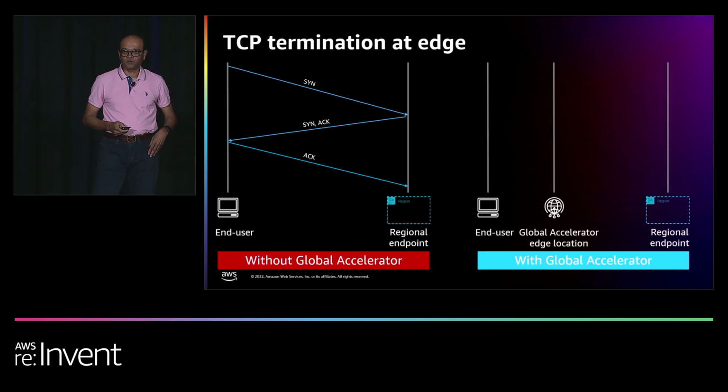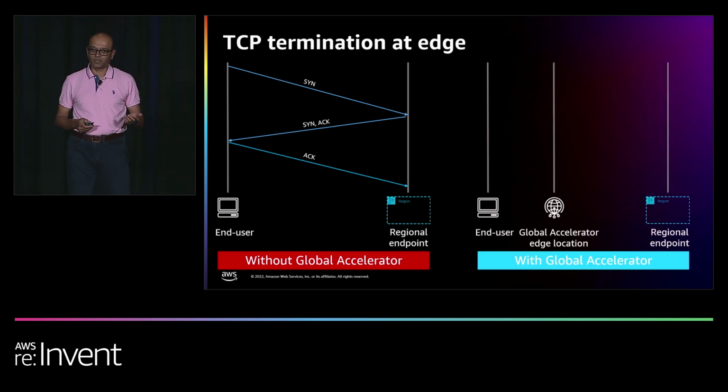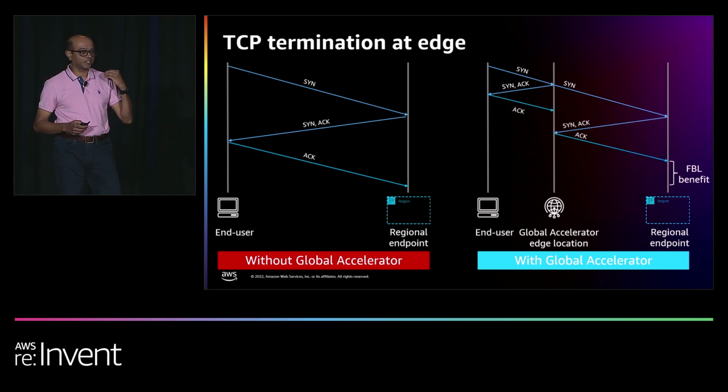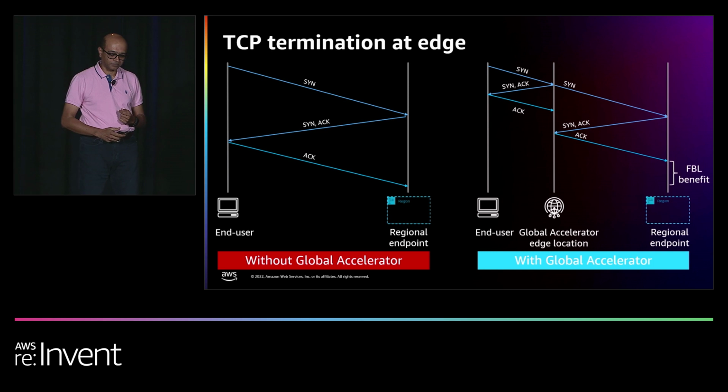With Global Accelerator, we implement a function called TCP termination at the edge, which is effectively a TCP proxy. When your end user initiates a TCP connection, Global Accelerator responds with the SYN-ACK from the edge POP and simultaneously opens up a new connection to the regional endpoint.